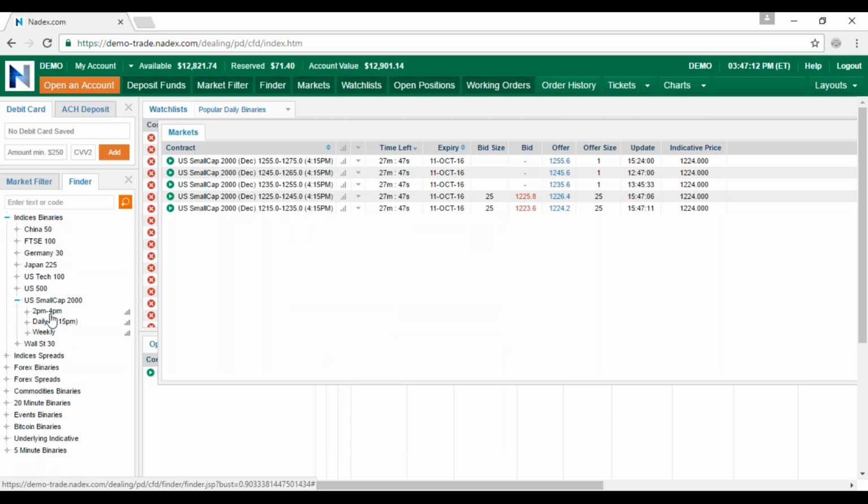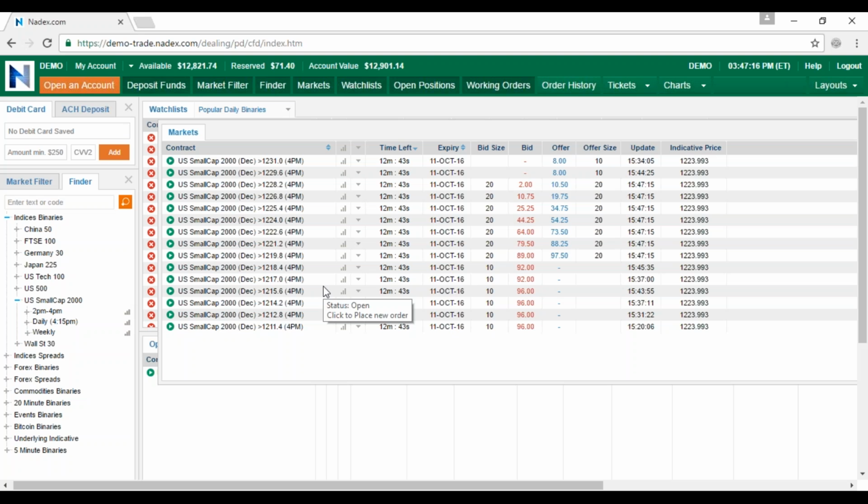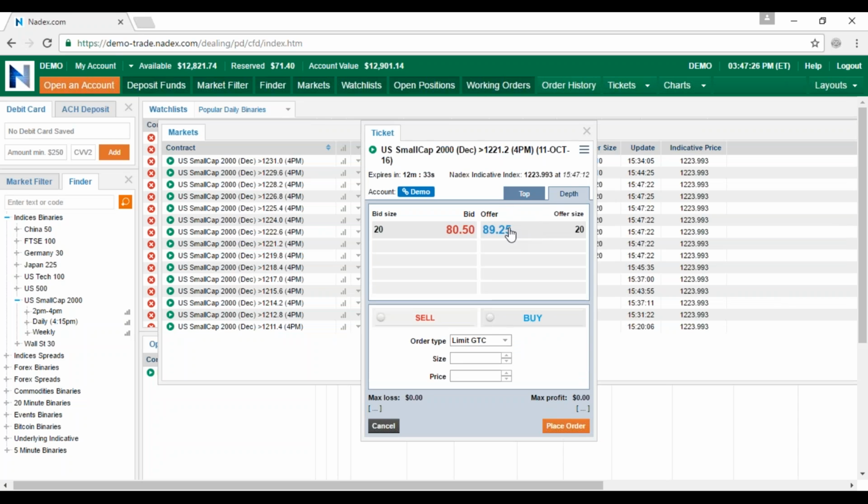Let's just look at these. If I want to buy this binary right here, one of them. Boom. Max loss $89. You feel your heart beating right now, don't you? Like you hear it, you feel it. You're like, oof.